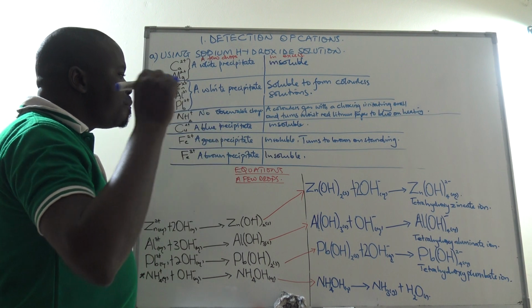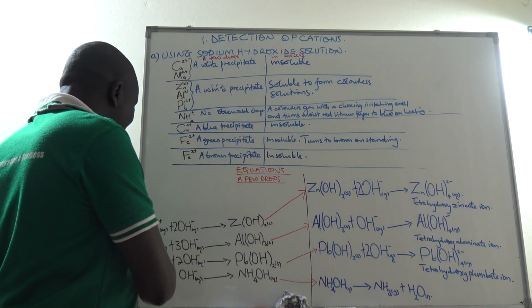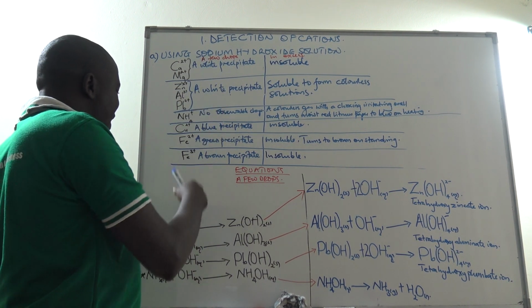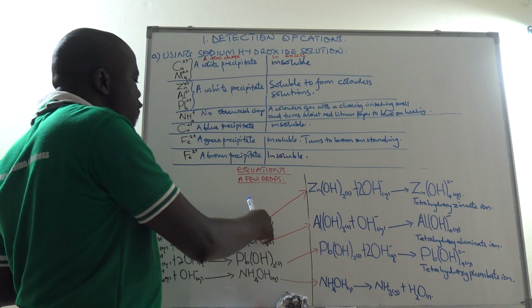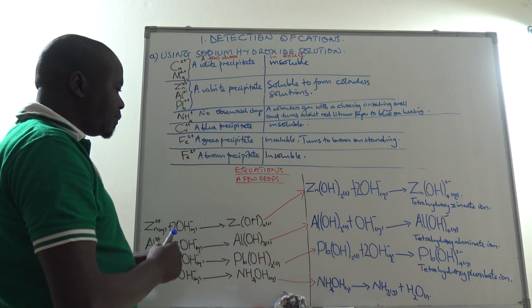There is one important property of zinc, aluminum and lead in this case, that when we add a few drops of sodium hydroxide solution, they first form their hydroxides in this case which are insoluble.